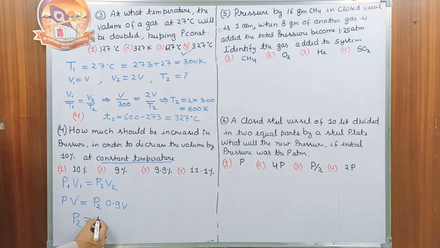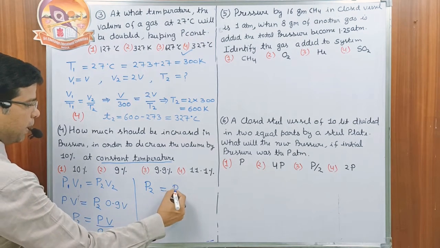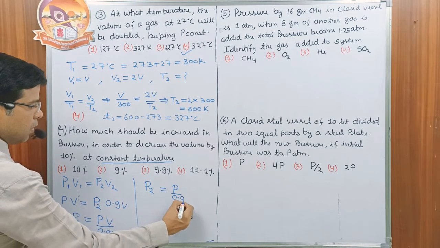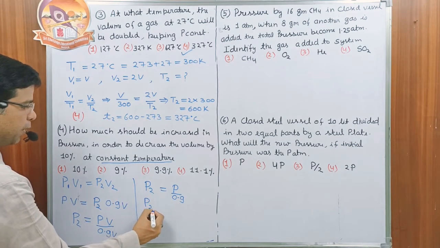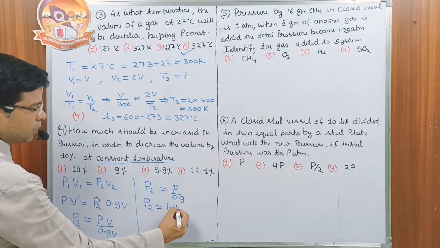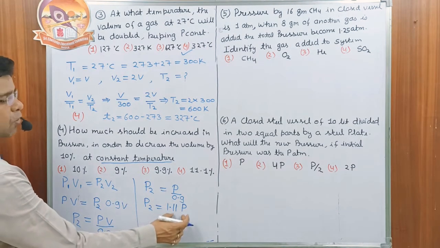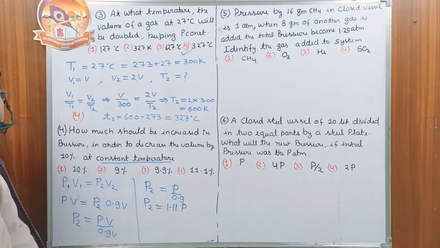P2 is P V upon 0.9 V. This will come as P2 becomes P divided by 0.9, or P2 is equal to 1 upon 0.9, 1.11 of P. Means the new pressure should be 1.11 times P.